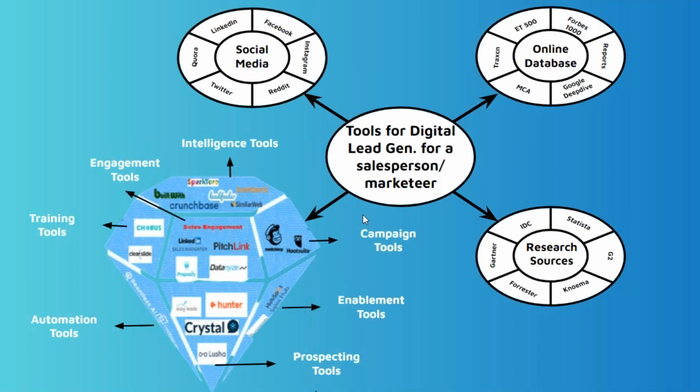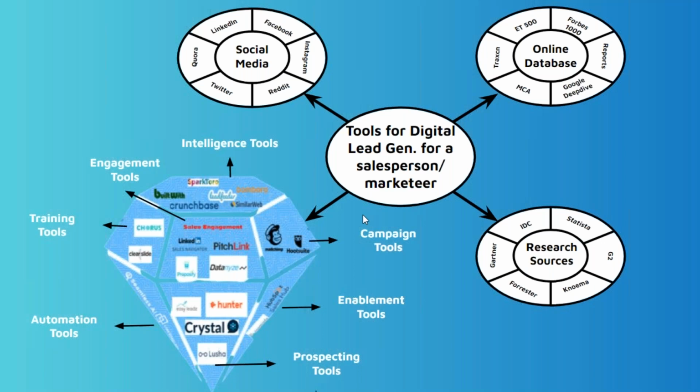And then this is our framework for looking at lead generation for a salesperson. We have this diamond on the left, which basically has intelligence tools, sales training tools, sales automation tools, sales prospecting tools, campaign tools, enablement tools.